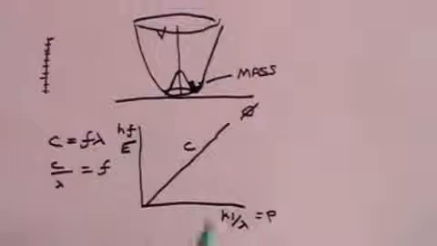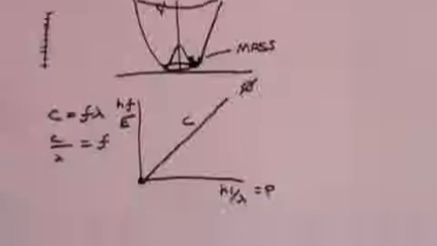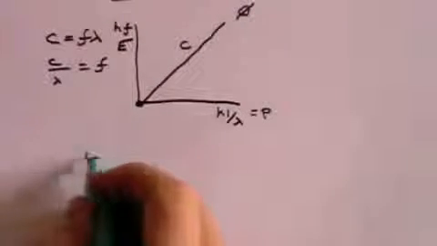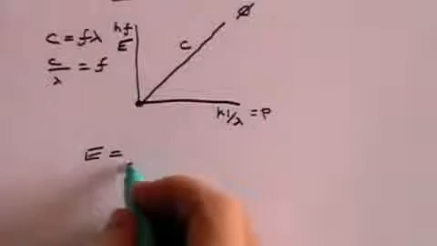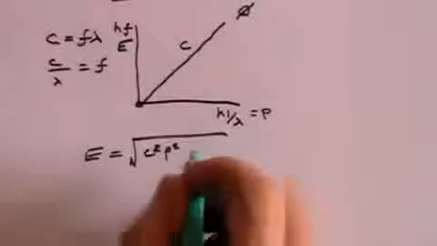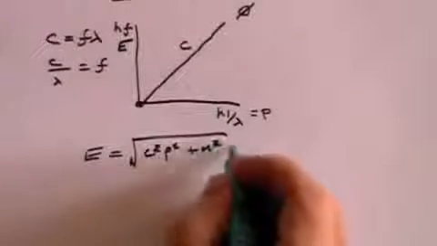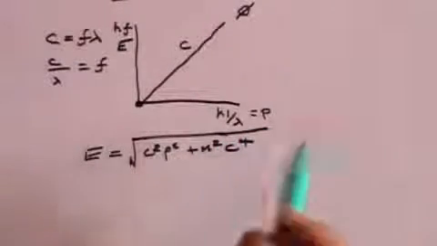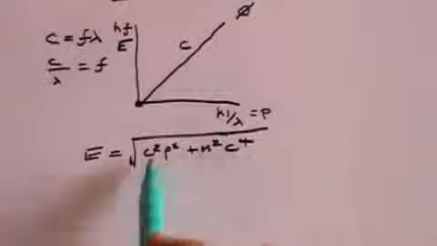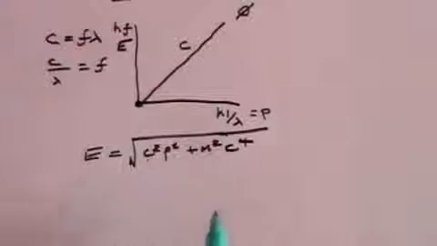And what this shows is that when the energy is zero, the momentum is zero. But for a massive particle, we showed in the videos on special relativity that the energy is the square root of c squared p squared plus m squared c to the fourth, where m is the mass of the particle, p is the momentum, c is the speed of light, and E is the energy.